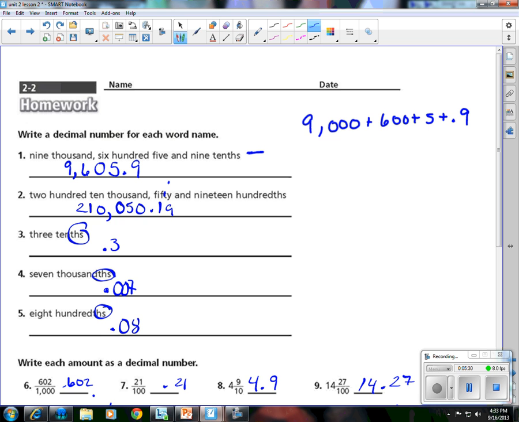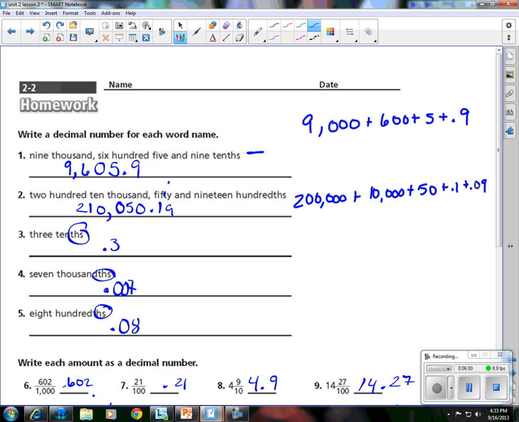Expanded notation would be 200,000 plus 10,000 plus 50 plus 1/10 plus 9/100. Okay, that would be expanded form. So expanded notation is when you pull it all the way out.